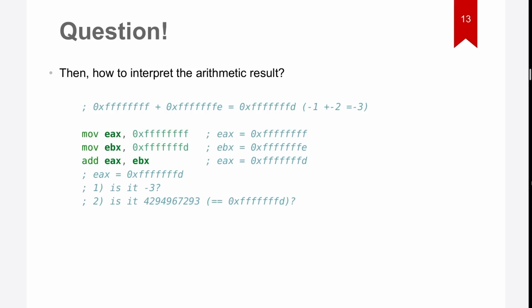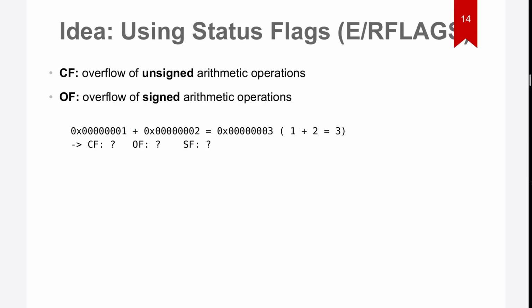Let's say we end up with D, and then the question is, is this actually -3 or is it a positive value? Is there any way we can distinguish between these two? No, there's no way we can distinguish just from looking at this code. Could be signed, could be unsigned.